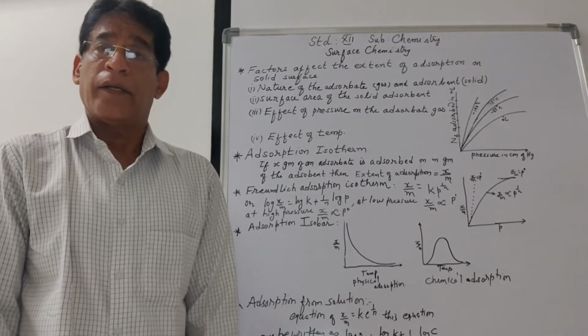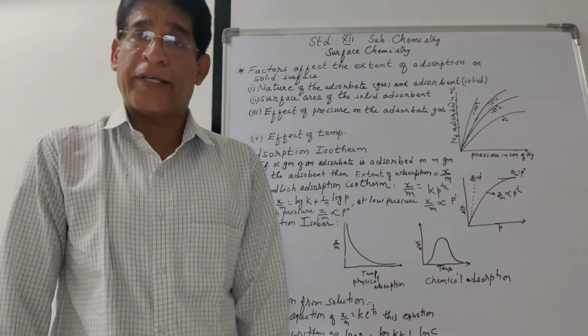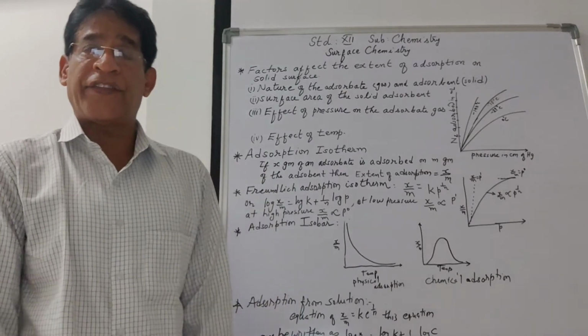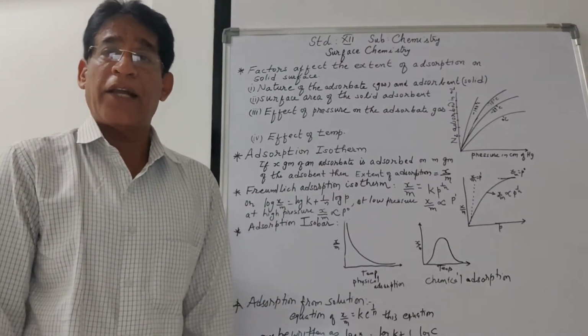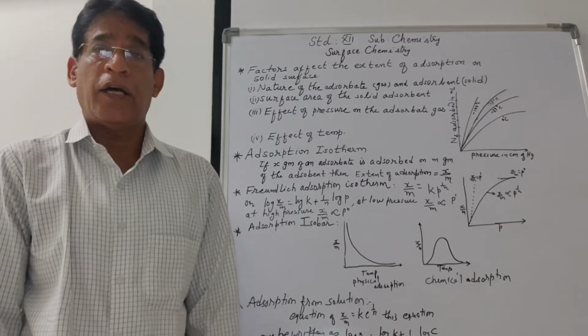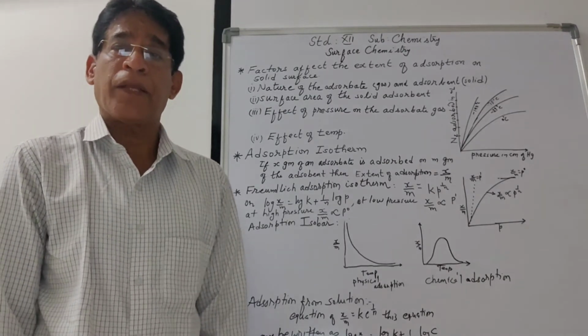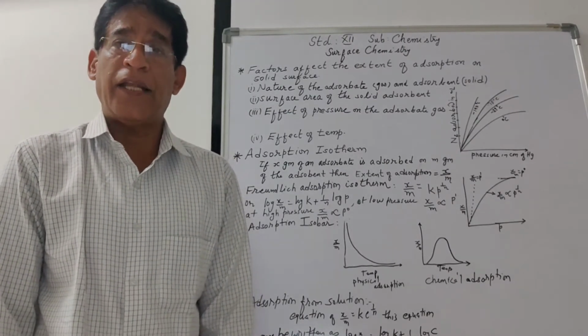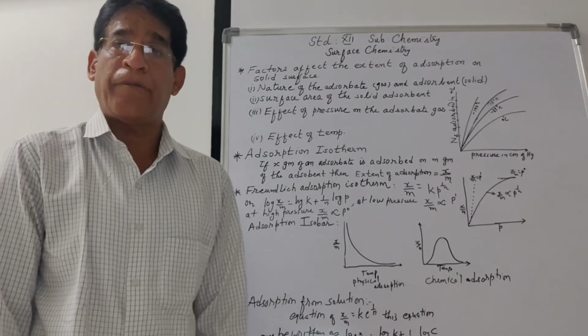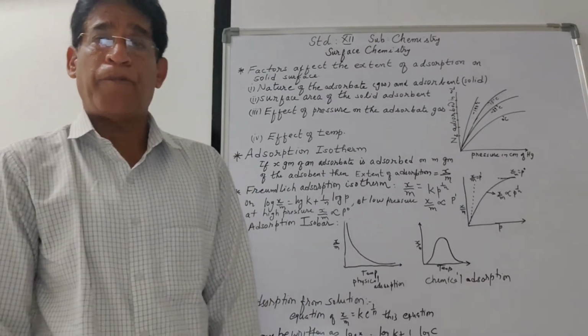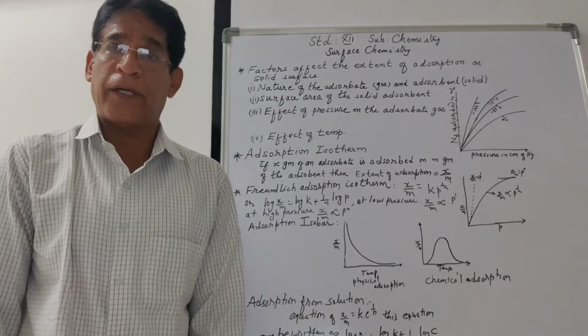Now, this is important. When the concentration of the adsorbate is more on the surface of the adsorbent than in the bulk, it is called positive adsorption.